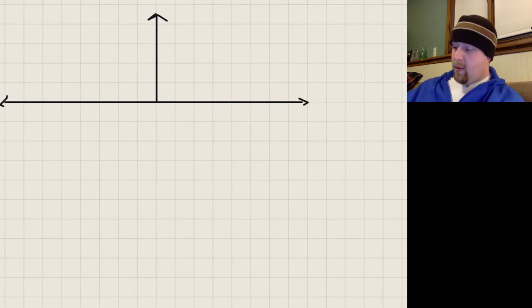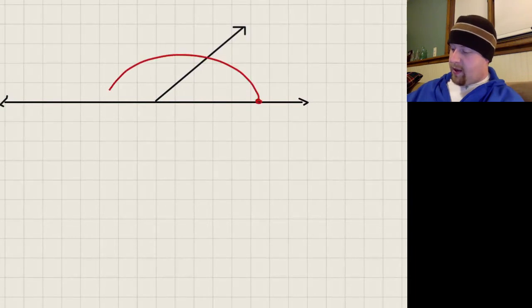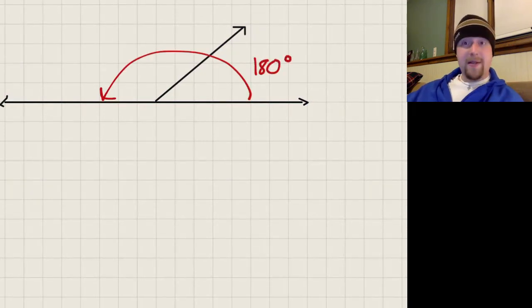Okay, that if I travel from one side to the other, that's a total of 180 degrees. What that means is that this angle here and this angle here, so the purple and the green, have to add up to 180.